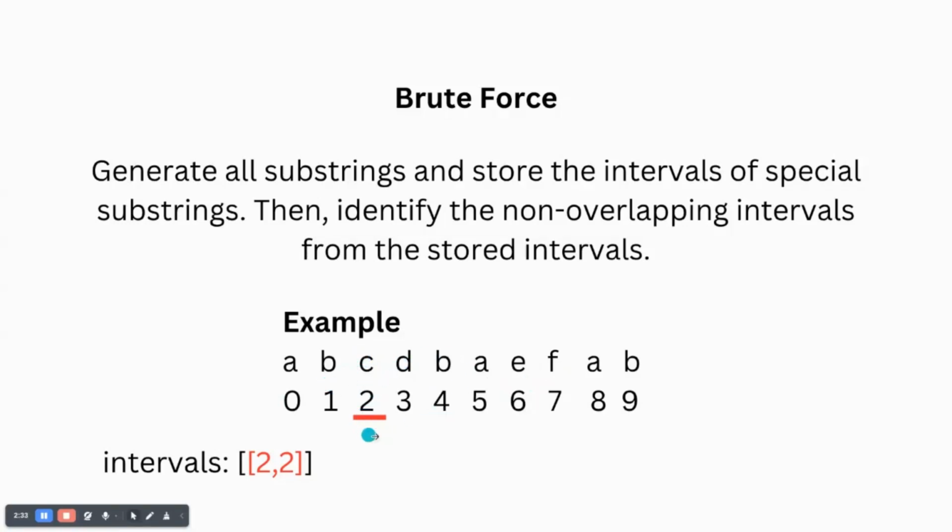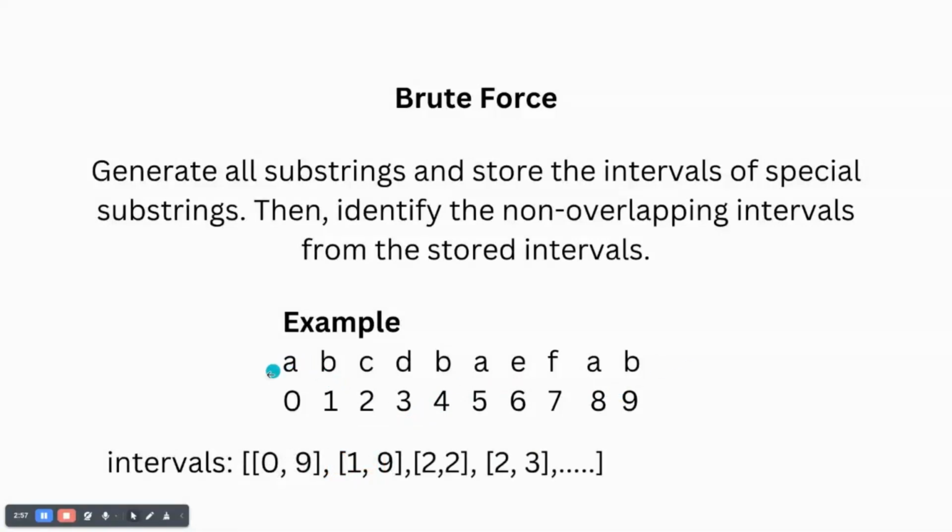If we start at C, we can make a substring only containing C because C is present only in that substring. We can also select another substring which is C and D because both of them are present in the substring only. It's going to be the same for all of them.